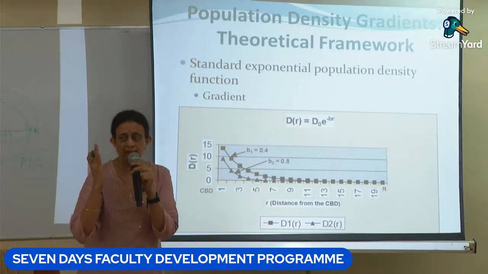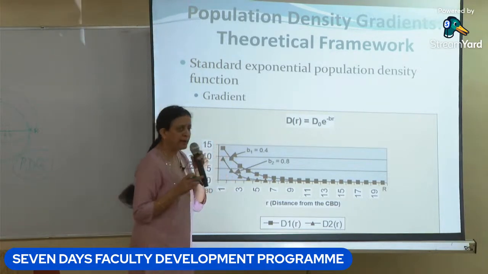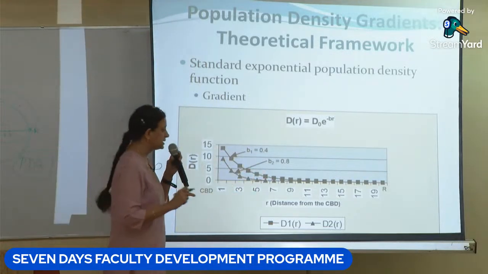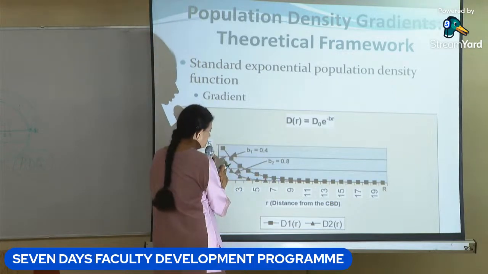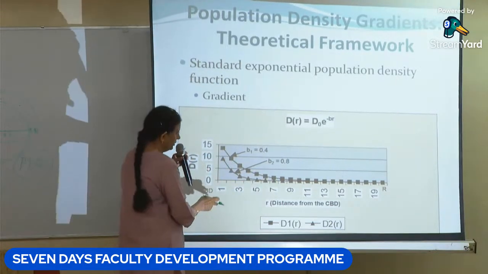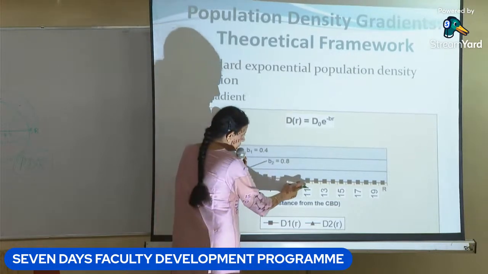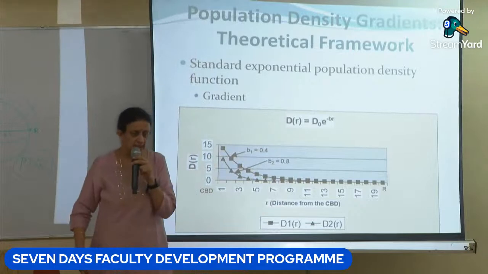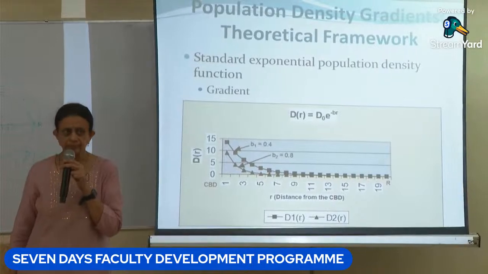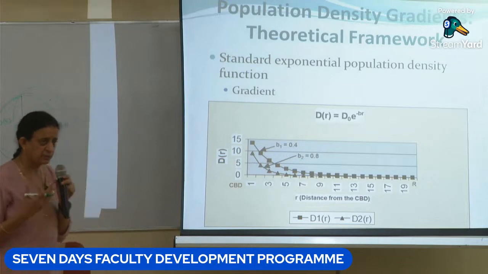Mysore is even more compact, okay? And compact cities are also smaller. For example, as your friend rightly said, city 2 with 0.8 has a radius of only about 8 kilometers, whereas city 1, which is more suburbanized, has about 12 kilometers as the radius. Correct? So this is one very good way of measuring suburbanization.